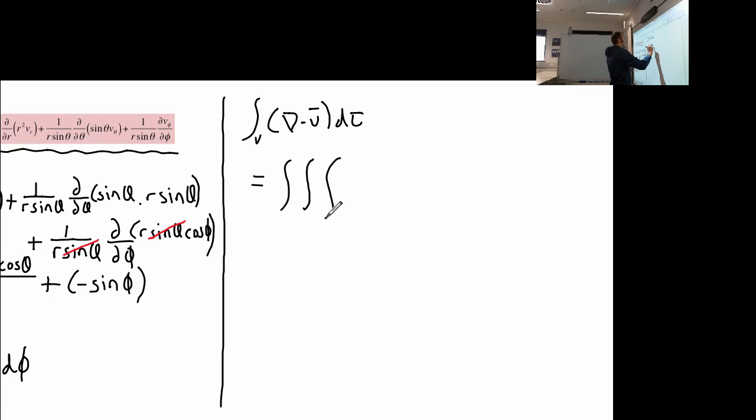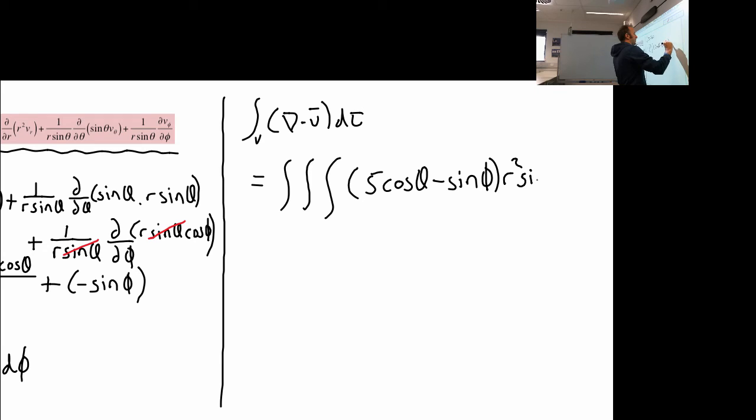We just worked out the divergence of v, which was 5 cos theta minus sine phi. Here we have r squared sine theta dr d theta d phi.